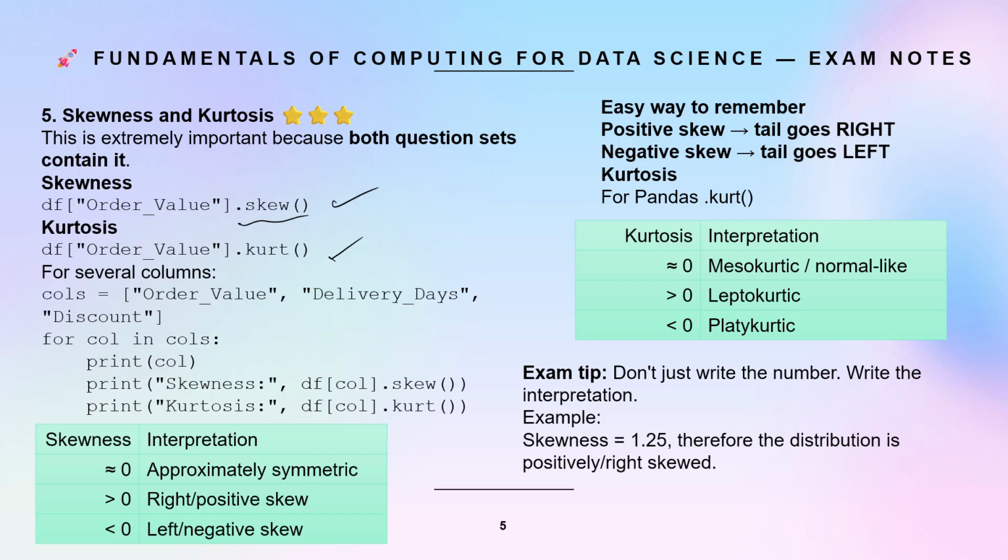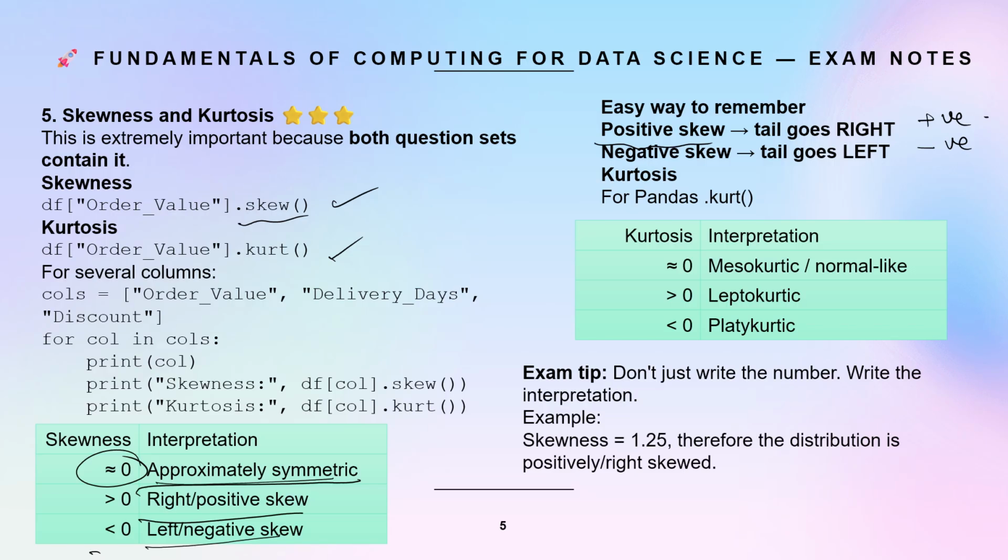Now, understanding the interpretation based on the value we get: if it is approximately equal to 0, we reach the concept of approximately symmetric. Greater than 0, right or positive skew. Less than 0, left or negative skew. Let's say if it is a positive skew, the tail goes to the right, positive. If the tail goes left, negative.